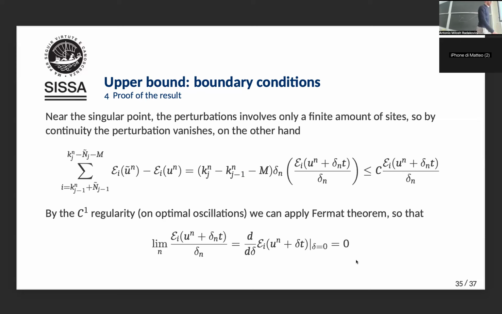And so by the C1 regularity, we know that this is converging to some derivative, and this derivative must be 0 because the unperturbed energy density is actually a minimum for that energy. And this is how we found a recovery sequence, and so we also have the limsup inequality.